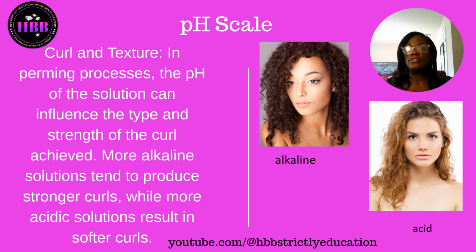And the reason why the girl in the second picture does not have a tighter curl is because with acid, remember, as we saw a couple screens back, the cuticle opens just a little bit, so that it can penetrate into the cortex.